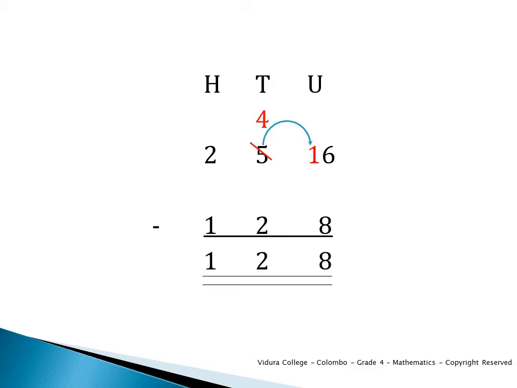Next, move to the hundreds place. In the hundreds place, you want to deduct 1 from 2. Answer should be 1. As shown below the line, you want to write down 1.